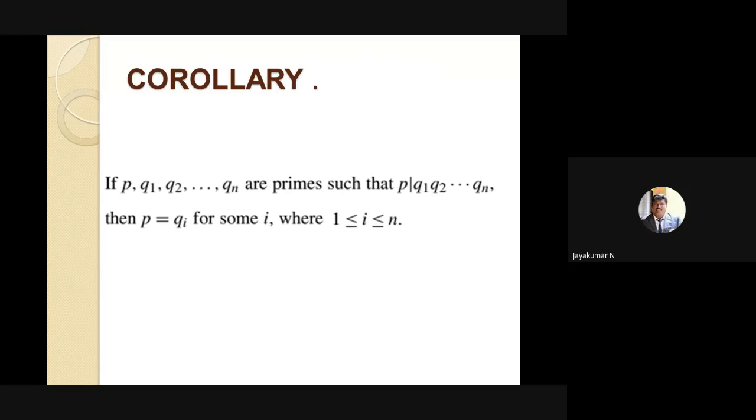So if P is a prime, and Q1, Q2, up to Qn are primes, and P divides their product, then definitely the prime P must be equal to any one of the n primes.